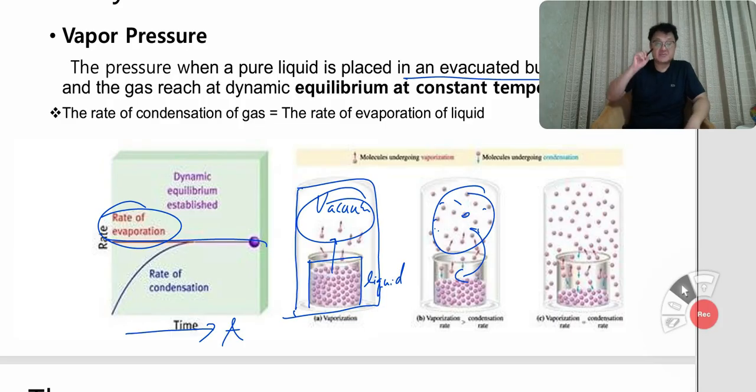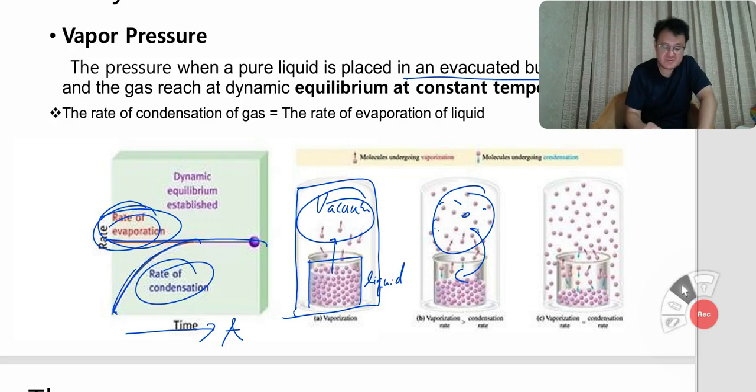The rate of condensation is proportional to the number of gas molecules. As the number of gas molecules increases, the condensation rate also increases, right? So at a certain point, the rate of evaporation and the rate of condensation become the same. And then the number of gas molecules doesn't change anymore as a function of time.